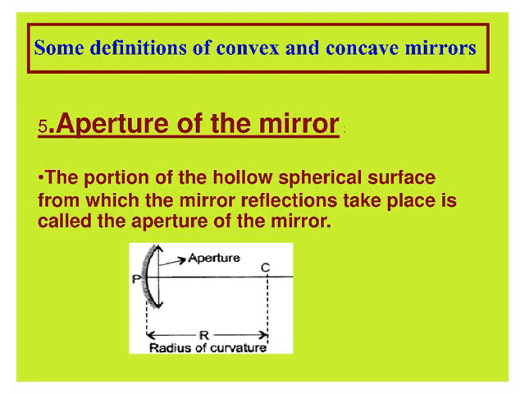And look at the straight line. The straight line touches both the ends of the reflecting surface of the mirror. That distance is known as aperture. Now go to the definition. The portion of the hollow spherical surface from which the mirror reflection takes place is called the aperture of the mirror.